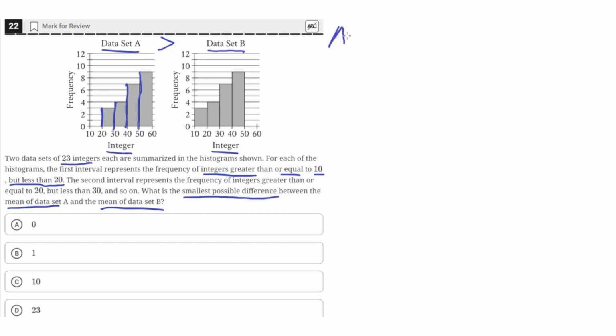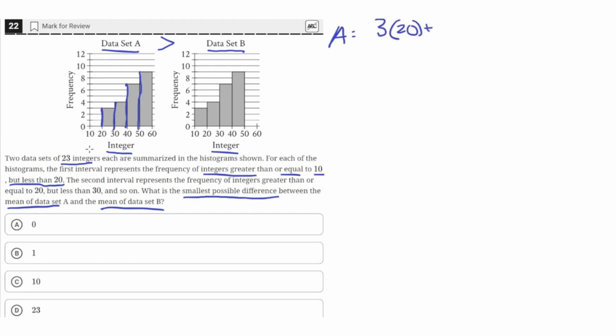So let's do that for dataset A. Dataset A says that we have 3 as a frequency for this interval from 20 to 30, but we want to find the smallest integers possible, so we'll assume that they're all 20. So we'll have 3 20s.